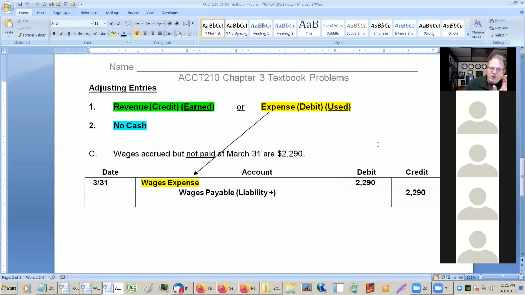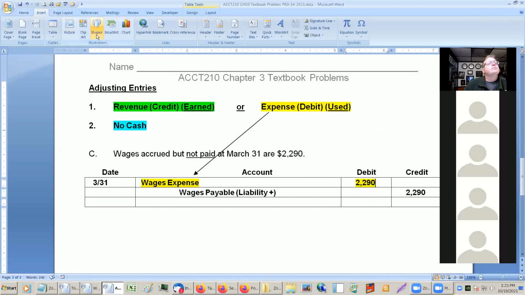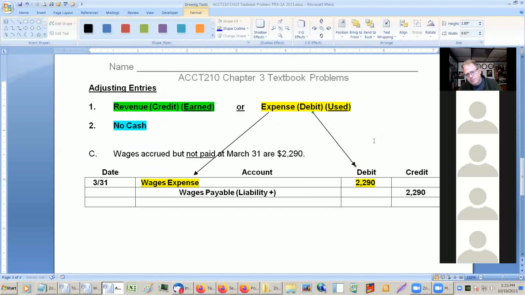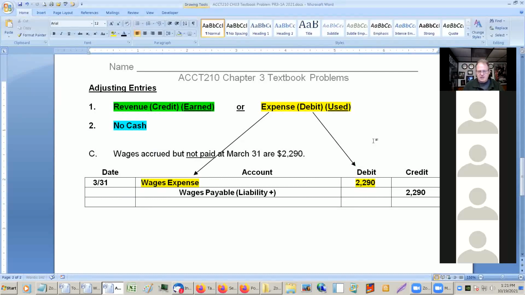Just knowing that means that whatever's on the other side of the equation has to be, in this case, if the wages expense is going to be a debit, we know that whatever the account is on the other side has to be a credit. The debits have to equal the credits.